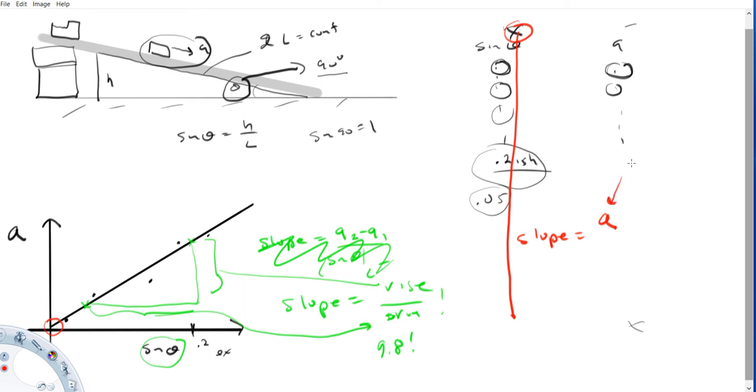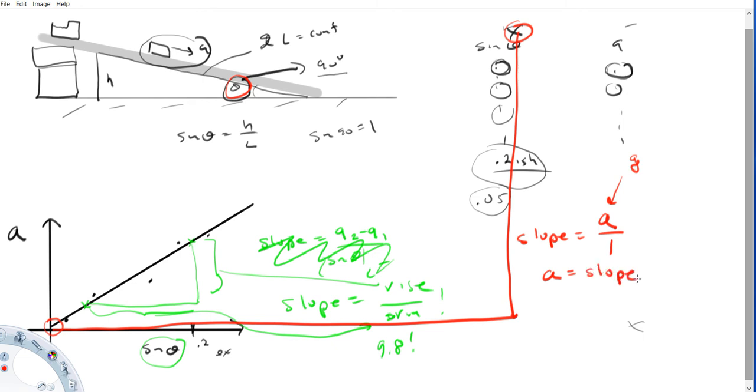That actually should be our free fall acceleration, g. That's what we're looking for. Divided by our run, which would be this distance, the sine of 90 degrees. And the sine of 90 degrees is 1. So the acceleration that corresponds with theta being 90 degrees, if you just multiply by 1, is going to equal the slope of this line.